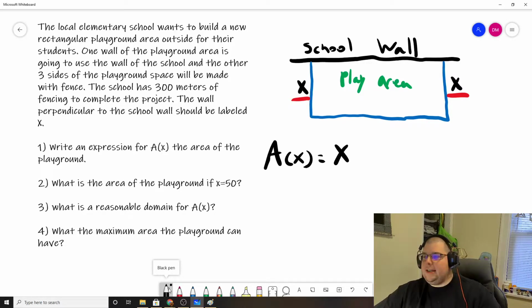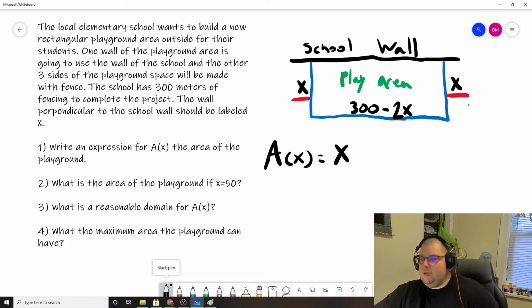So now I just got to calculate the leftovers for this bottom side, which would be the total amount of fencing, 300, minus the 2x of fencing I've used. Total amount of fencing, 300, minus an x for the left wall, minus x for the right wall, is minus 2 x's in total.